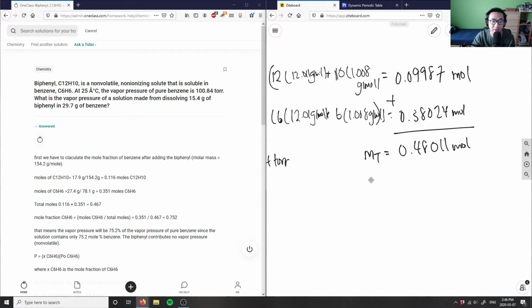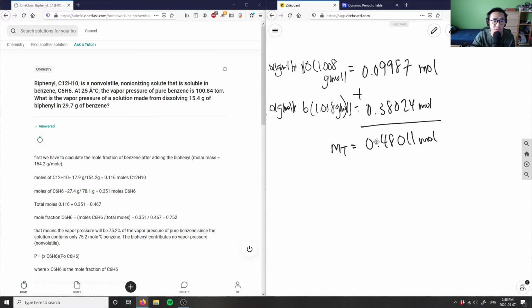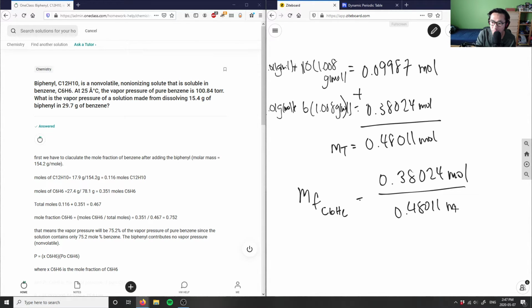So what we're going to do is find the mole fraction of specifically benzene, right? I'm going to simply divide moles of benzene by the total amount of moles. So 0.38 divided by 0.48 here. I'm doing MF of C6H6 is going to be equal to 0.38024 moles divided by 0.482011 moles, and this here is the total moles.